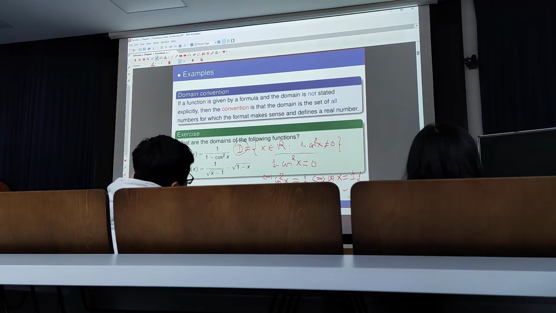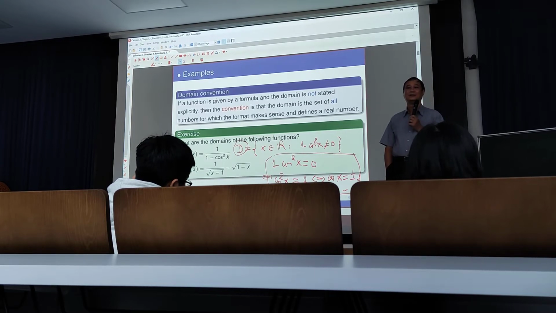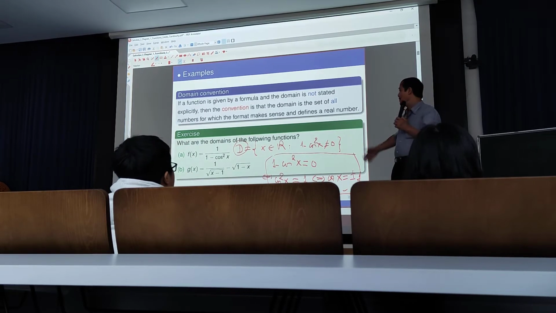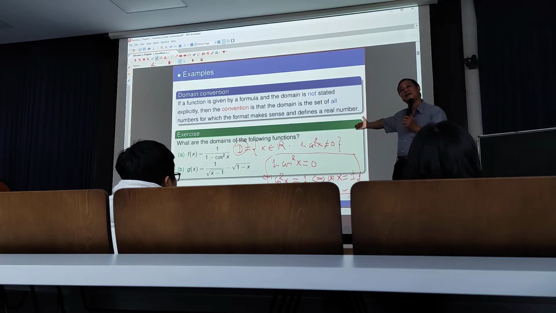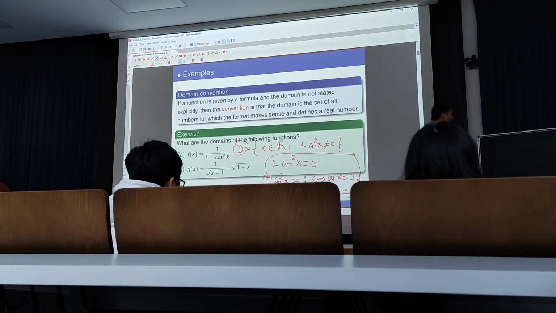But is this a good way to do, with this simple equation? Yes or no? No. Why no? It's better to change to sine square. 1 minus cosine square of x is sine square of x.